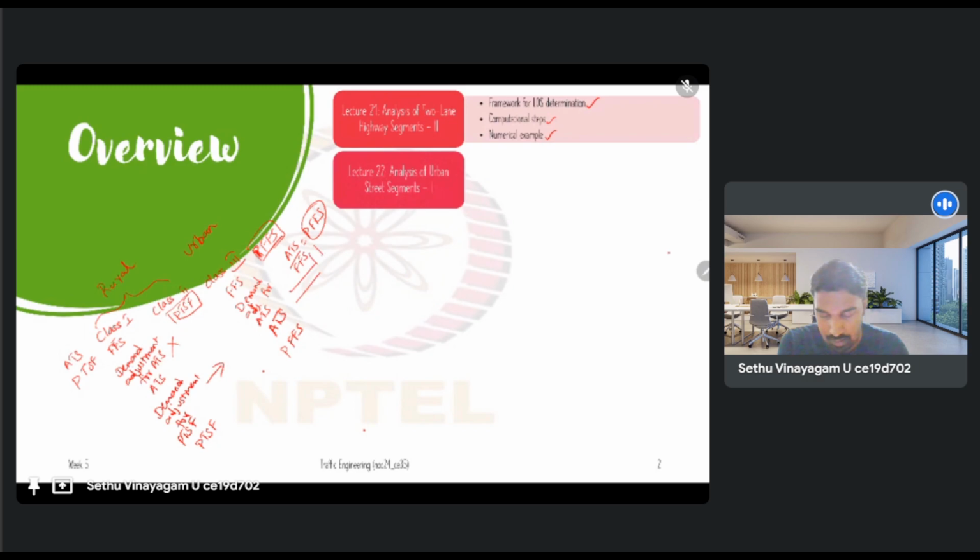So when you look at a city, you will be having multiple intersections, and then the roadways connecting these intersections. So those are our urban street segments, right? So we look at between two intersections, right? So the intersections will form the boundary of the segment that we analyze.